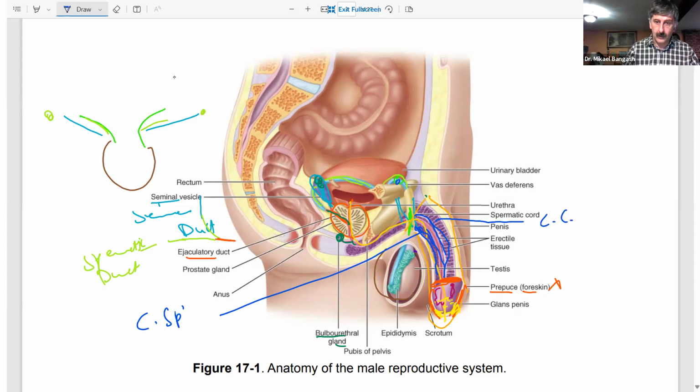I mainly said that when these two structures are filled with blood, they swell up and become tense, and that causes the penis to get erect.